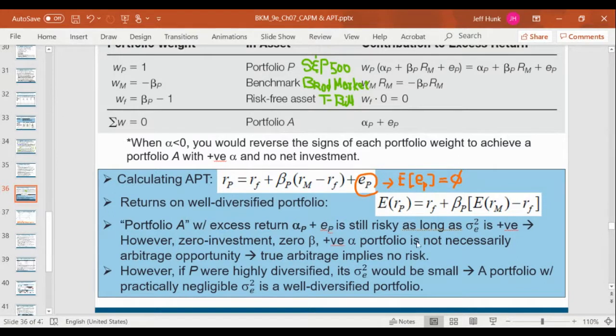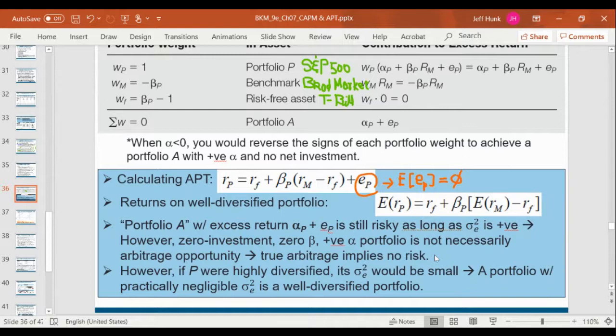The portfolio is still risky. It shouldn't be risky. It should be risk-free, by the definition of true arbitrage, right? It should be a zero net investment, risk-free model. But as long as the variance of the error term is positive, then it is not riskless yet.